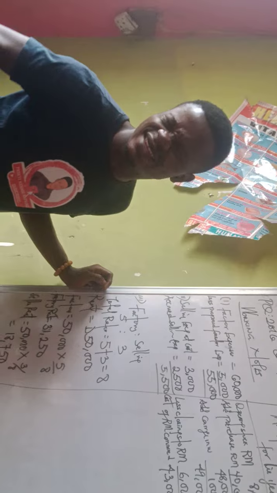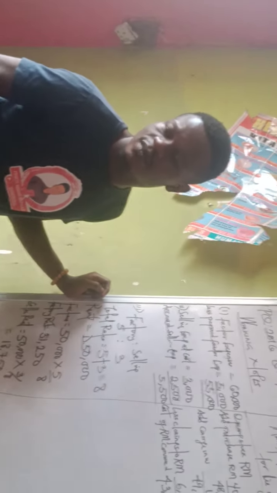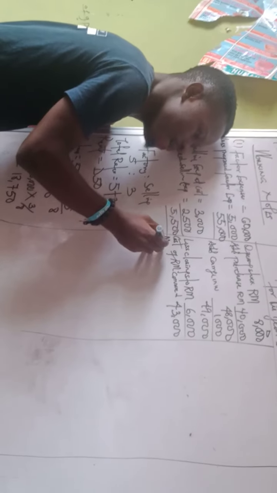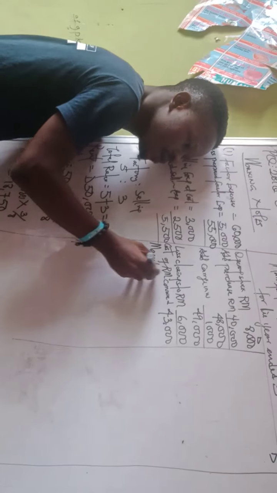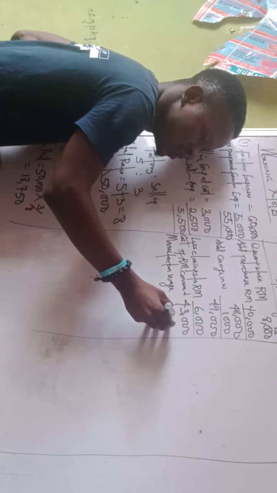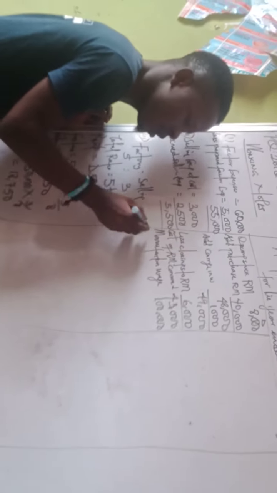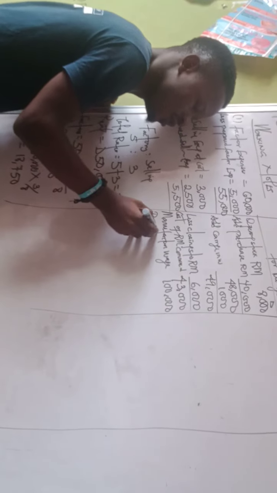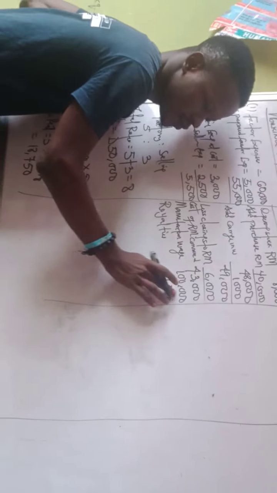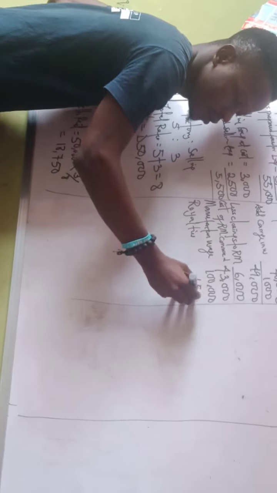So now add our direct expenses or manufacturing wages. Is there any? We have royalty. Manufacturing wages is 100,000. Is there royalties? Yes, we have. How much? 1,500. Is there any other? Check very well. No, right?